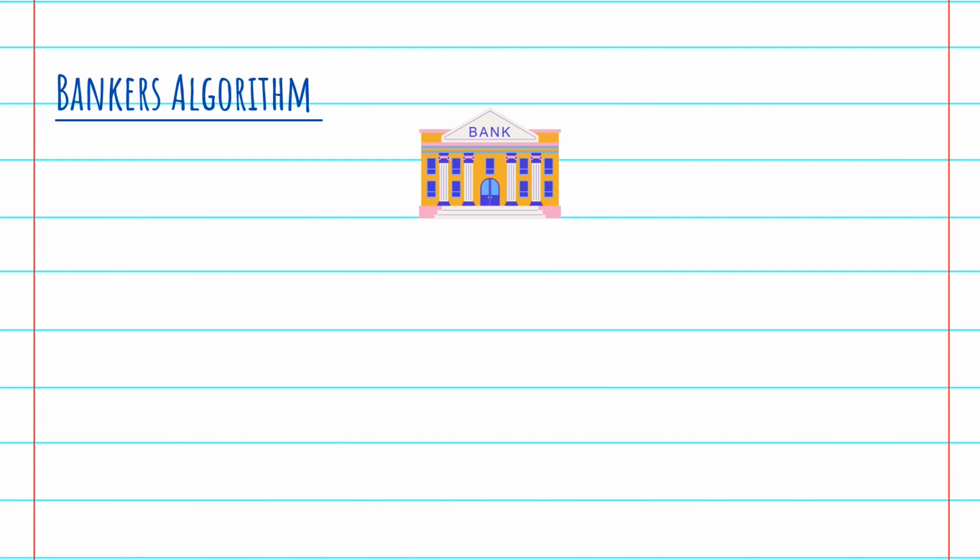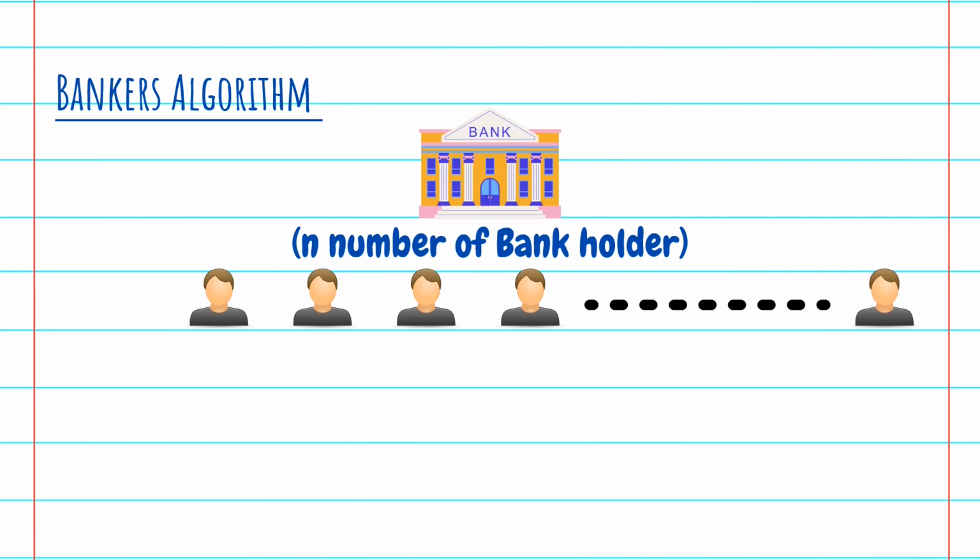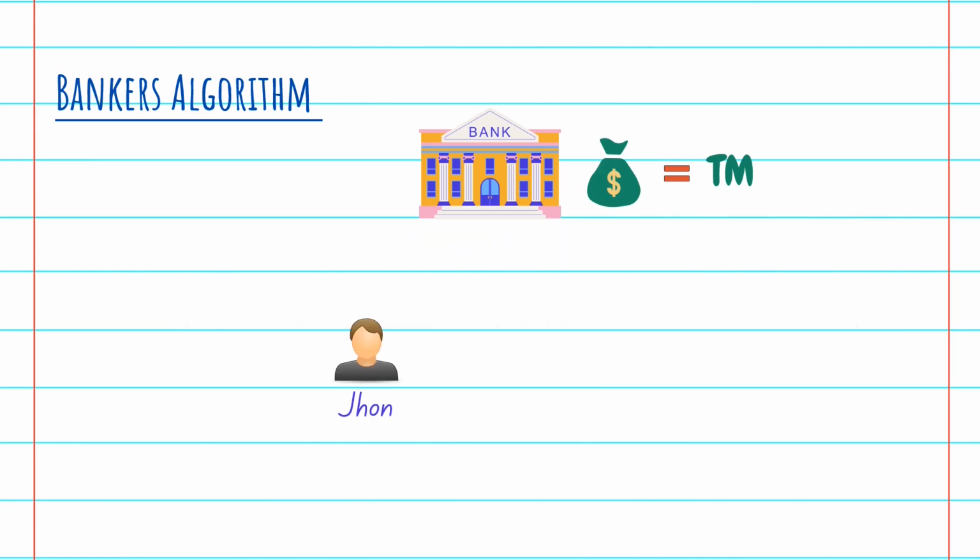Suppose there is a particular bank like XYZ, and there are multiple customers, or we can say bank holders, like there are n number of bank holders, and of course this bank would have some amount of money to distribute, right? Suppose this XYZ bank has total money TM. Let's say one customer or account holder named John applies for a loan in the bank, and in the same XYZ bank, let's say another bank holder Lily applies for a loan or withdraws some amount of cash from the bank.